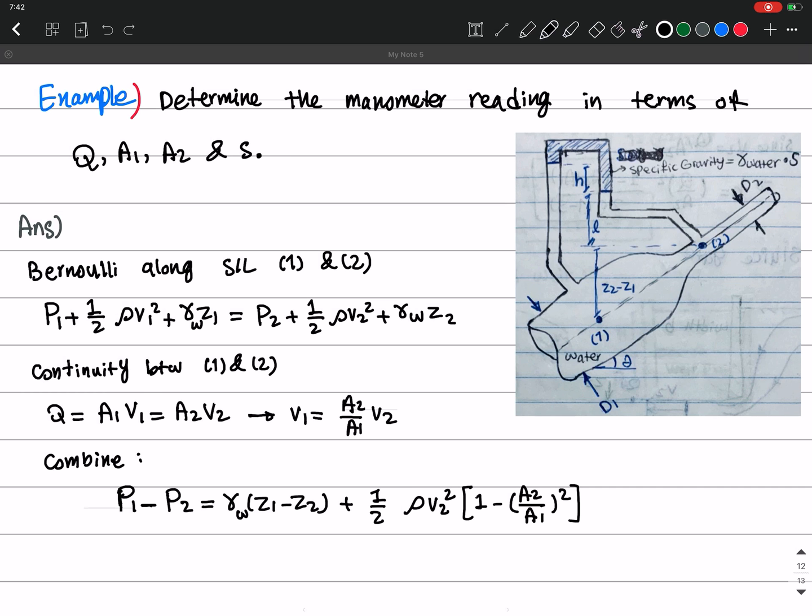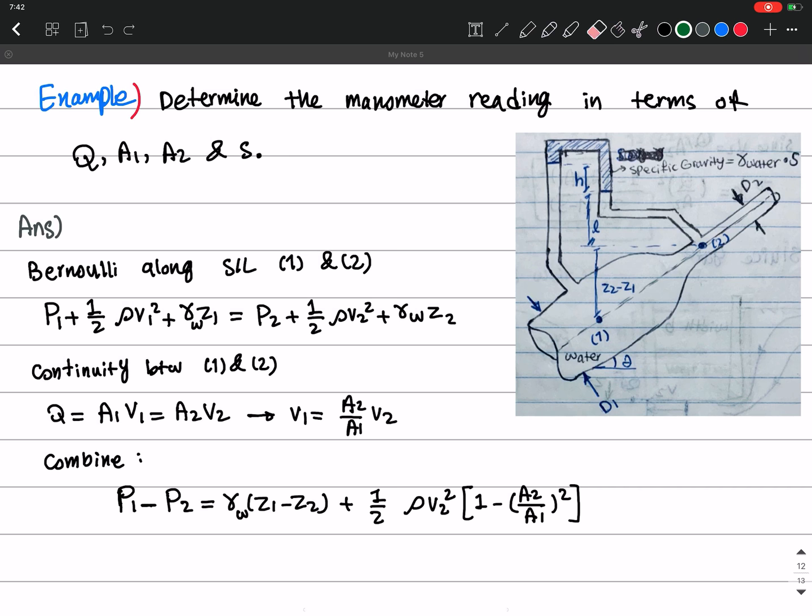Okay. So in order to find the manometer reading, what I want to do is use the manometer rule, okay? Because this is a manometer, I want to use the manometer rule and go through between P1 and P2 to find another equation for the manometer, right?